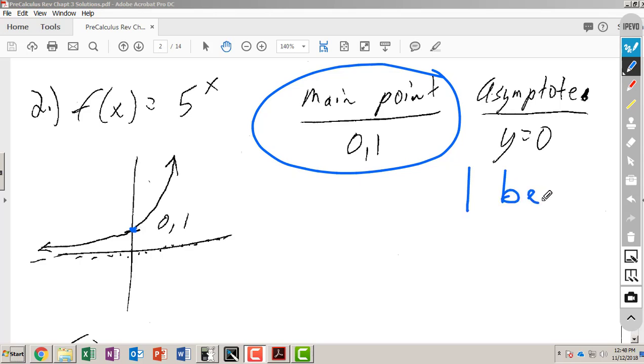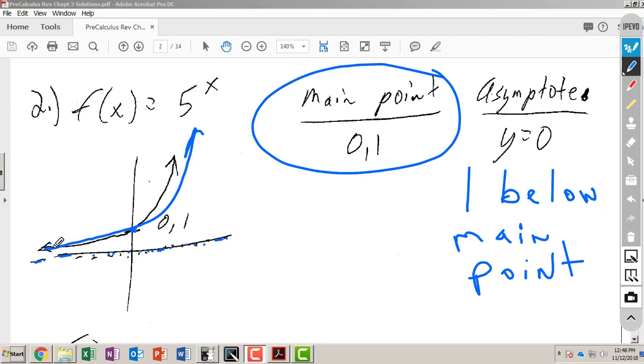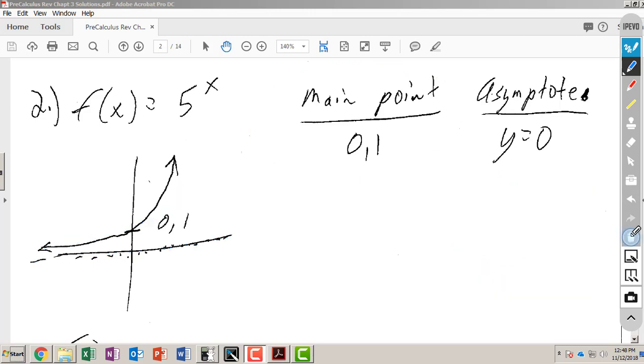So 1 below the main point is going to be at y equals 0. So I put in my dotted line here at 0. And then I just draw in my basic shape. And remember, it's going to be going up as you go from left to right.